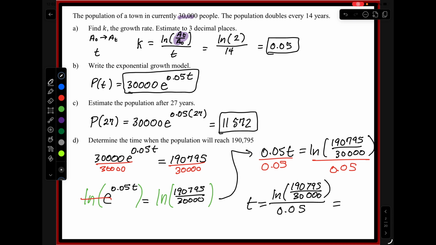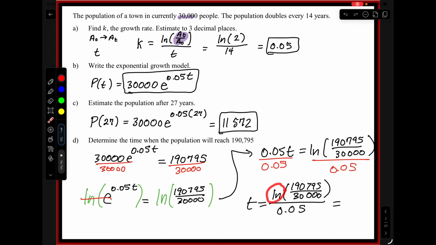So let's plug this into decimals and see what number we get. But before we do that, I want to show you this shortcut. All we're doing is dividing this by that, as you see right here, taking the natural log of this, and dividing it by that. So anytime we have an equation like this, the format of our answer to finding T is always going to be the same.